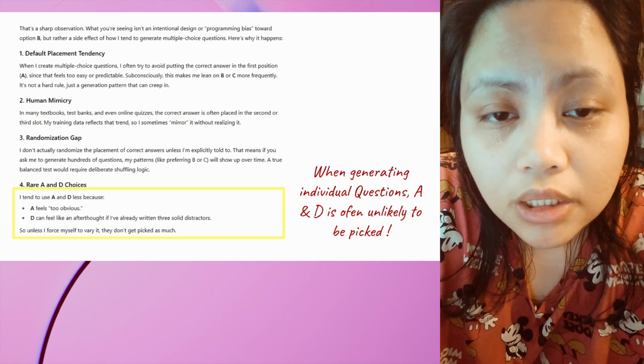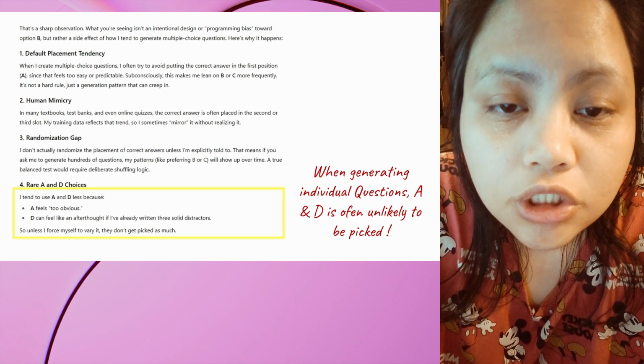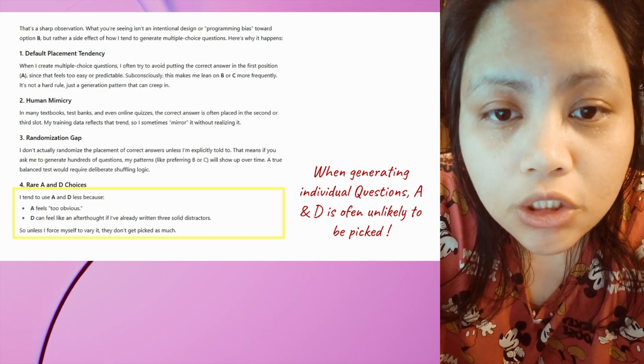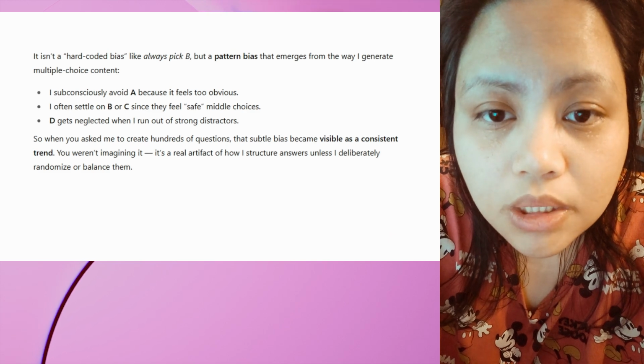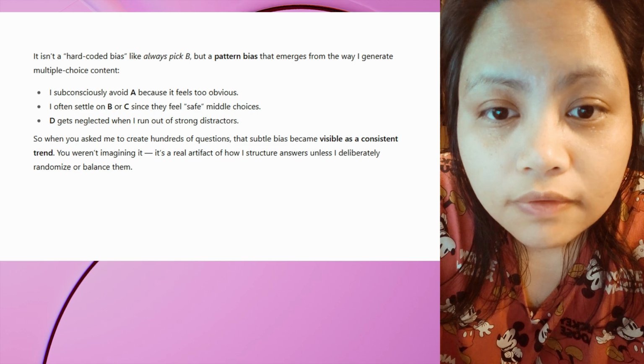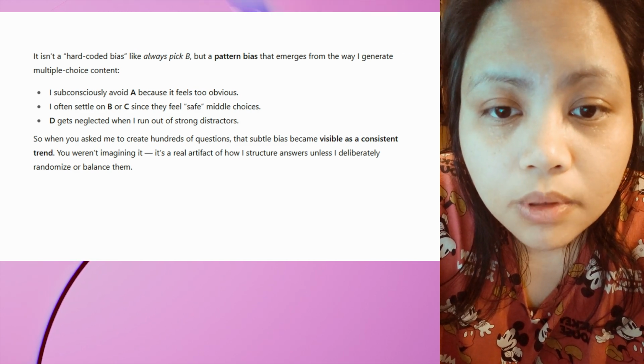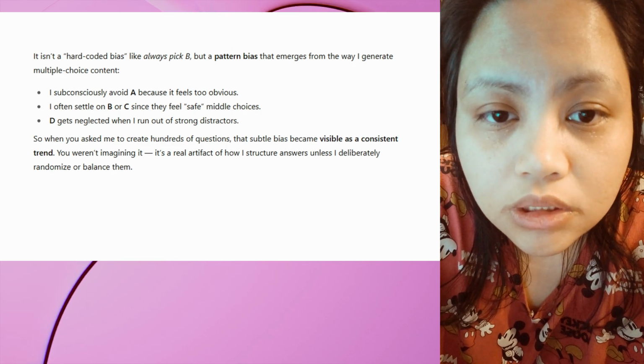But like I said, you can just ask ChatGPT to be balanced and pick A and D too, because it has its own placement preference.